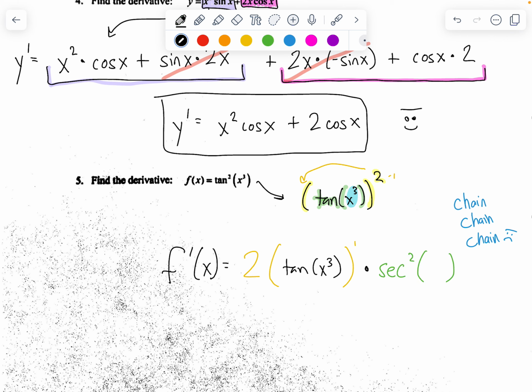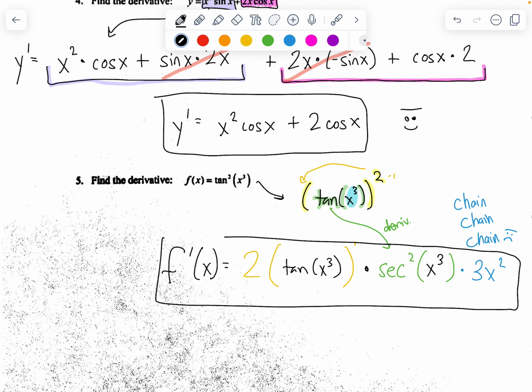So that's the derivative of the tan part, right? The derivative of that is secant squared of the inside. And then finally, we do the derivative of the inside part, which is 3x squared. So it was like chain of the outside, of the inside, and of the final middle. And there is your final answer. That is so freaking sweet. I love it. Life is beautiful.